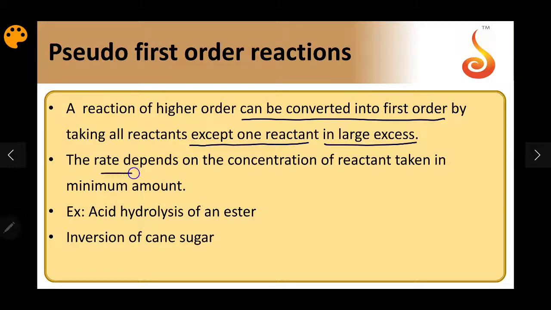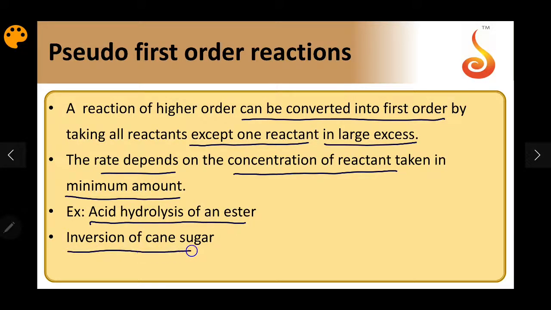The rate depends upon the concentration of reactant which is taken in lesser amount, because for the large excess one, the change in the concentration with respect to time becomes very negligible. So the best example is acid hydrolysis of an ester or inversion of cane sugar catalyzed by an acid.